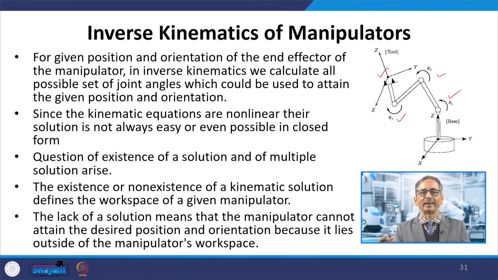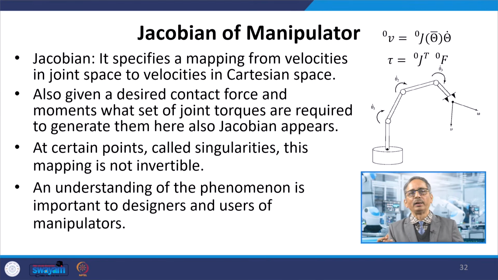And the lack of a solution means that the manipulator cannot attain the desired position and orientation because it lies outside the manipulator workspace. Then next we will be looking at the Jacobian of the manipulator, and it essentially defines a mapping from velocities in the joint space to velocities in the Cartesian space.